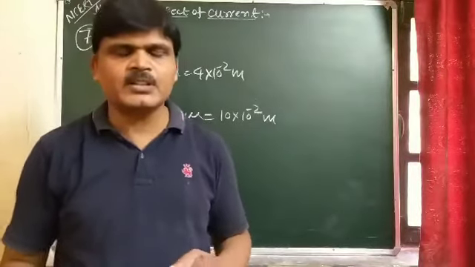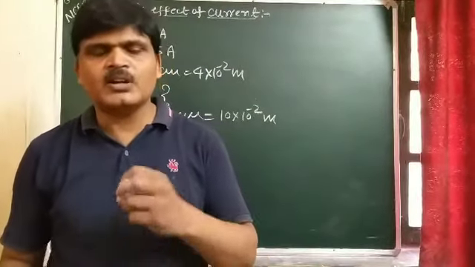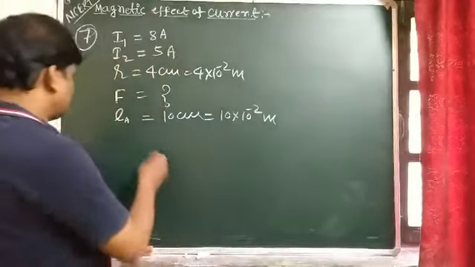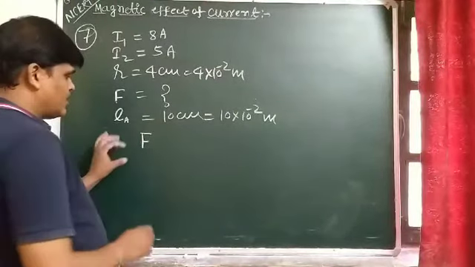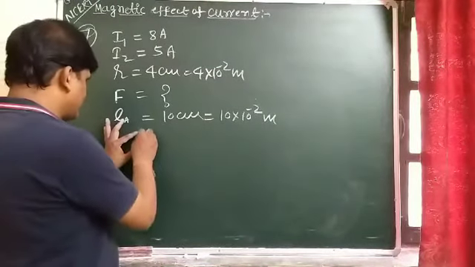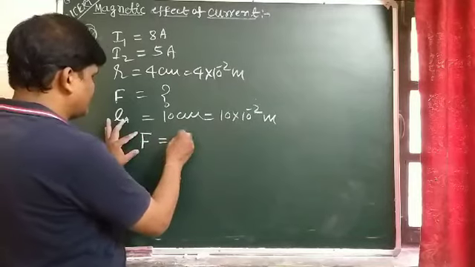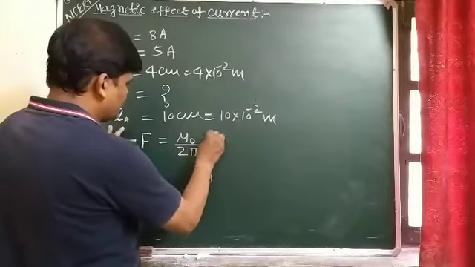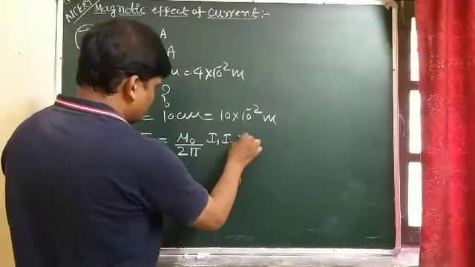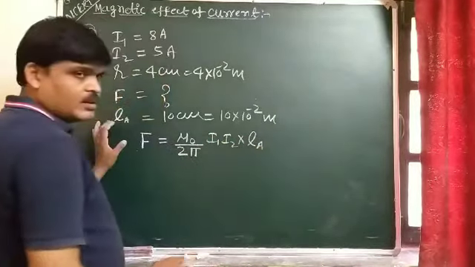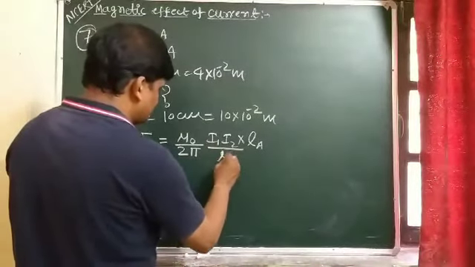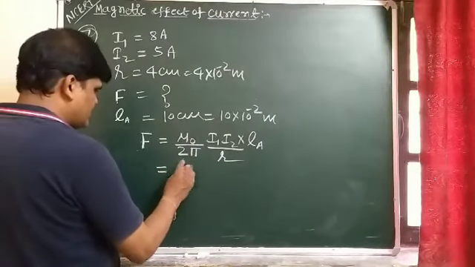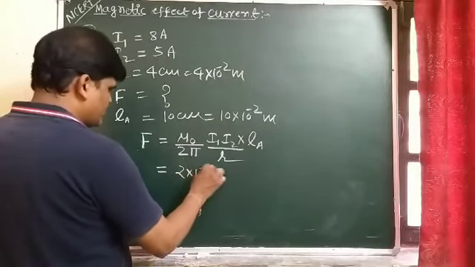The force acting between them is F equal to mu naught by 2 pi, I1 I2 L by R. So force on wire A is mu naught by 2 pi, I1 I2 into length of wire A, and distance R. And student, you know that mu naught by 2 pi is 2 into 10 to the power minus 7.